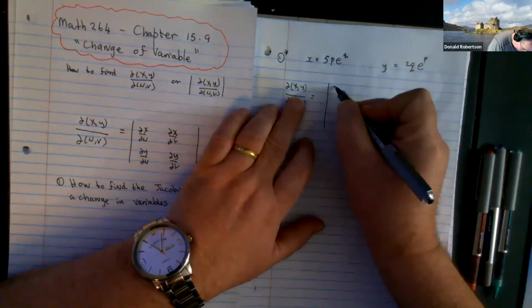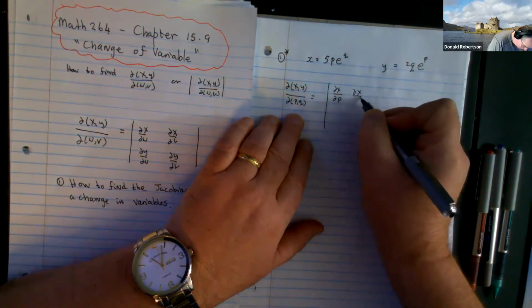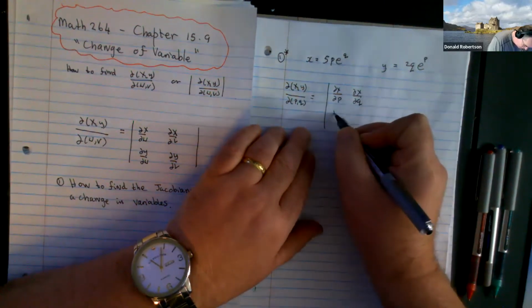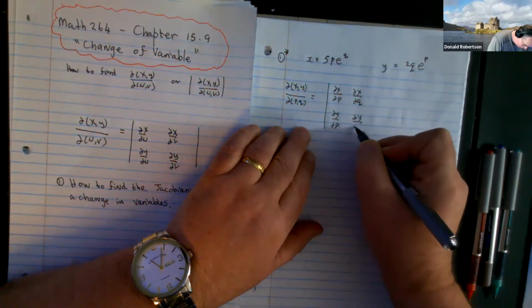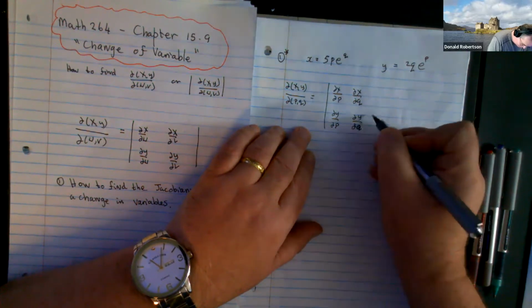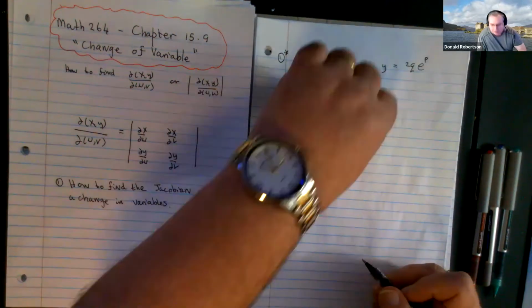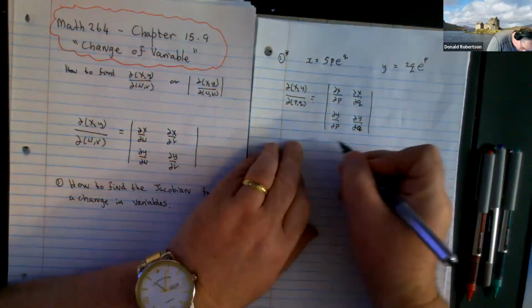So you differentiate x with respect to p, and then x with respect to q, then y with respect to p, and then y with respect to q. Oops, should be a little baby q. And those vertical lines don't mean absolute value, they mean determinant of this guy.